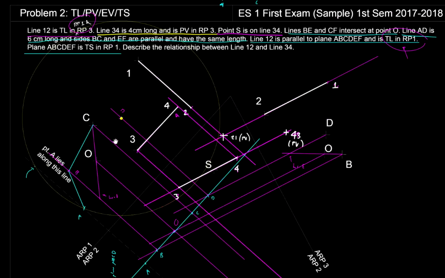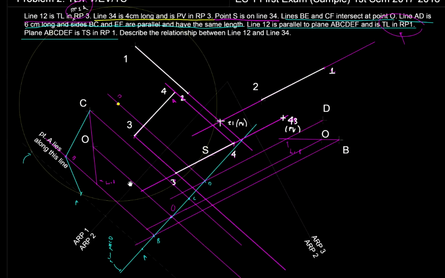Tapos, BC and EF are parallel to each other. We know BC. Do we have the location of EF? Wala pa, no? We do. Ito kasi si location ni E. Tapos, pwede ulit tayo mag-ano, no? Pwede natin ipa-intersect dito si EF.